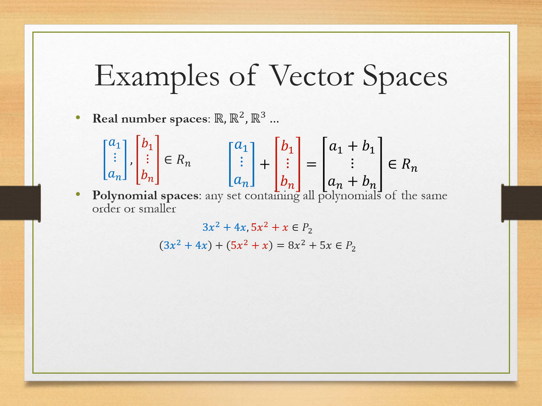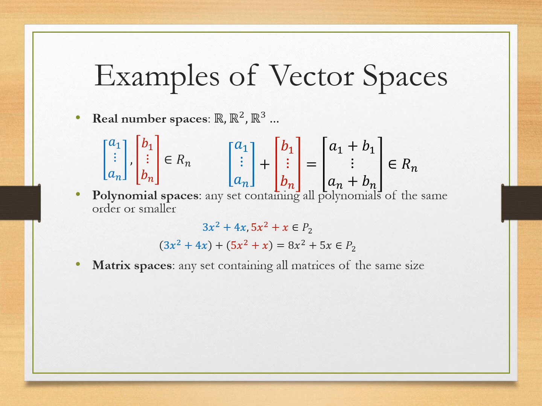But it's impossible to raise the order, so you don't need higher orders. You just need lower orders. The set of all polynomials of the same order or below is a vector space because it's self-contained, but not if you just consider the set of polynomials of exactly the same order.